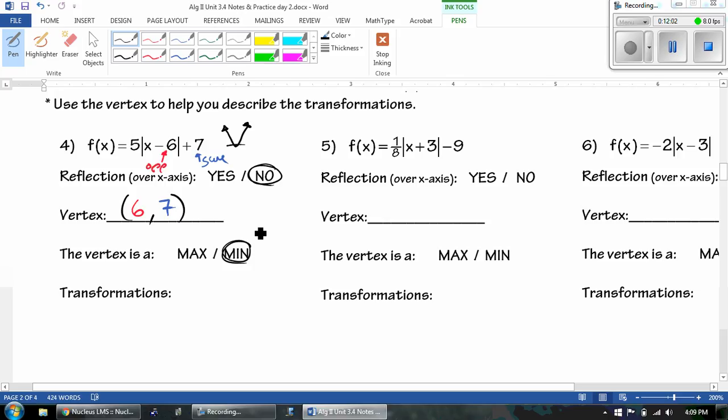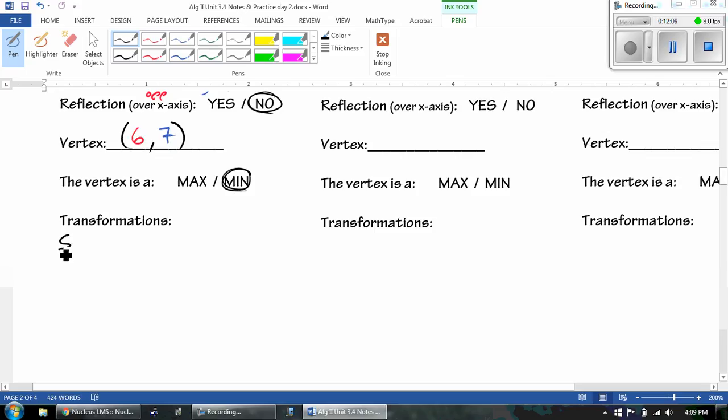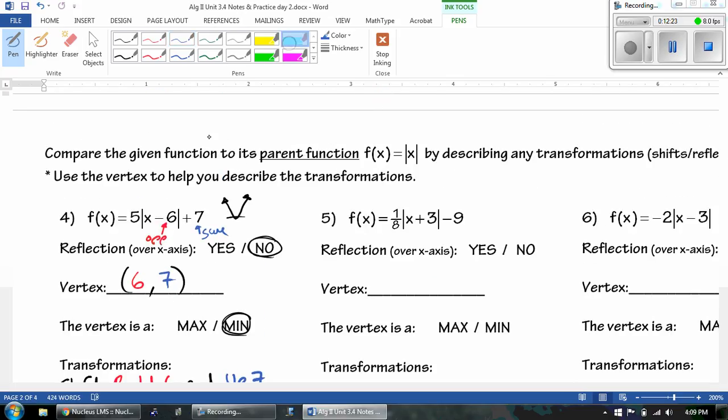Now, describing it, the vertex tells us that there's going to be a shift. So we're going to go right 6 and up 7. Okay, and now we're going to look at that 5.